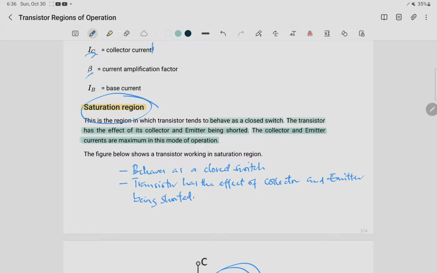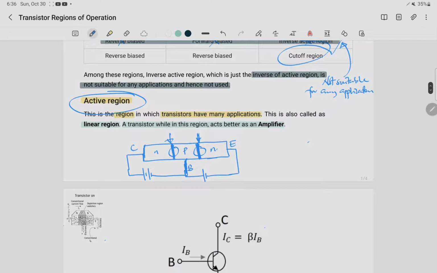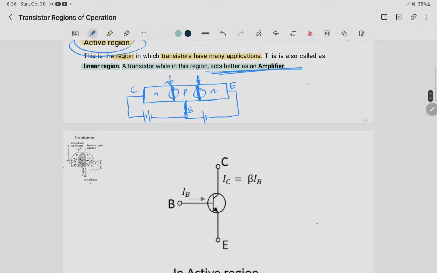So when they tell you to describe how a transistor operates as a switch, you basically talk about the saturation region, where it acts as a closed switch, and the cutoff region, where it operates as an open switch. And in most applications we use the active region because it acts as a beta amplifier, and there are very many other things that you can do with the transistor in this region.